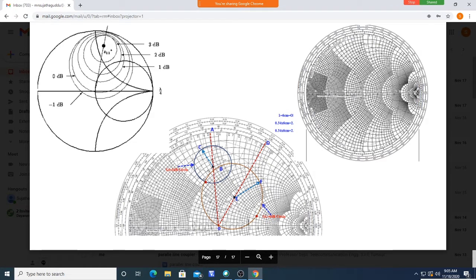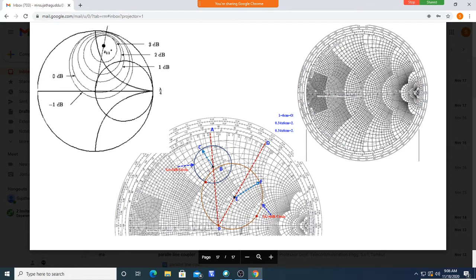To get 1 dB, for example, we did 0 dB in the previous class. We have to choose one of the values of ZL over the circle. But sometimes, without a stability check, if you take some value over this, that value may lead to oscillation of the network.